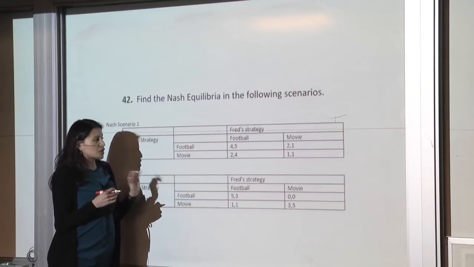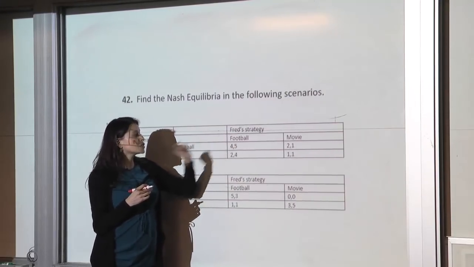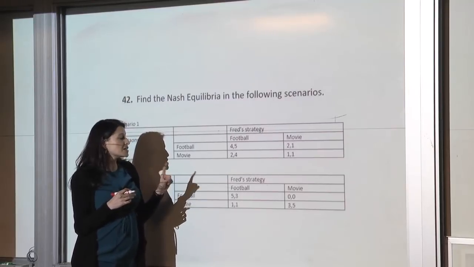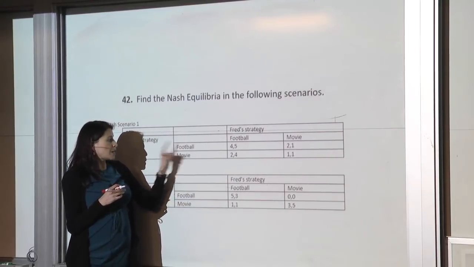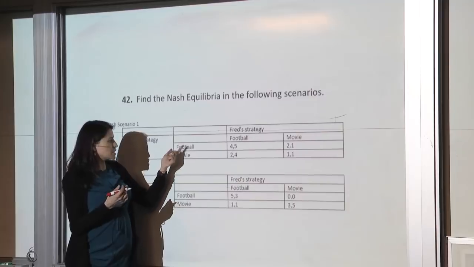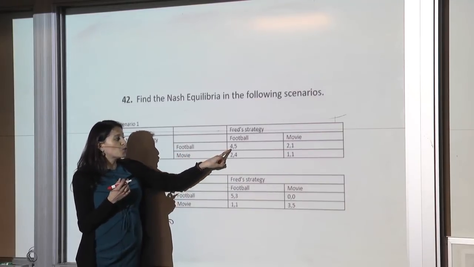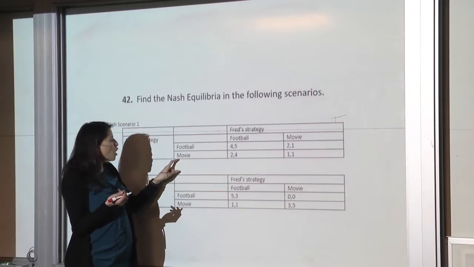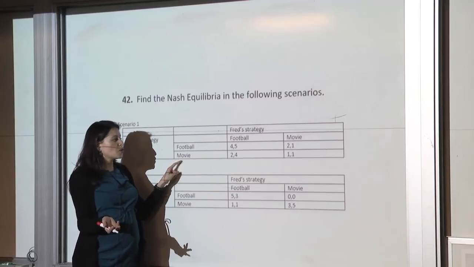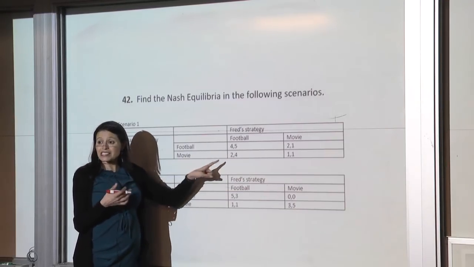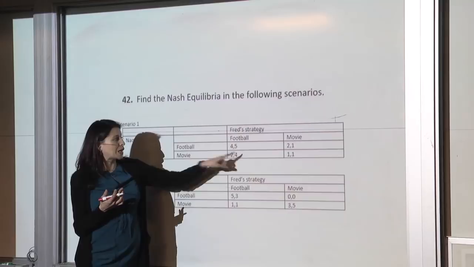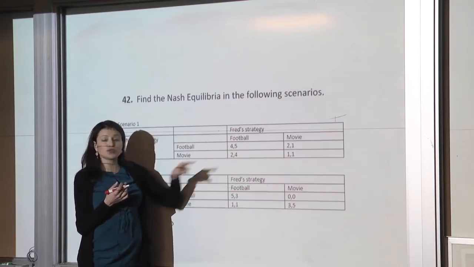So you say, okay, if Fred plays football, Naomi has two possibilities, choosing football and getting 4 points, or choosing going to a movie and getting 2 points. What is the best thing that she can do if Fred chooses football?